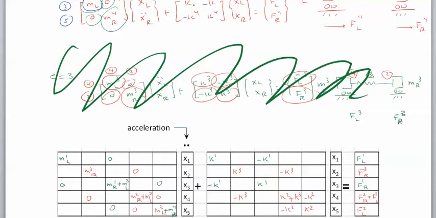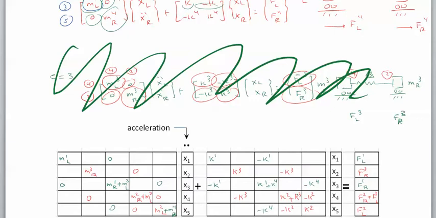Okay, this is going to go into row 3, column 3, K4. This is going to go into row 3, column 5. So minus K4. This is going to go to minus K4.